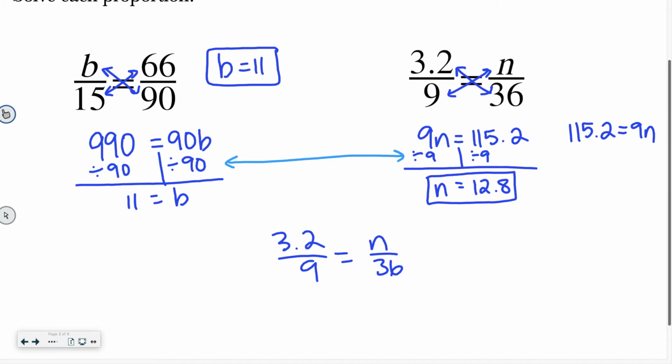If I cross multiply, I would just say 3.2 times 36, and then right away I would know I divide by whatever number is diagonal from my variable. So right in my calculator, without writing out all of those steps, I could just say 3.2 times 36, and then hit enter, and then divide by 9, and I would know that the answer is 12.8. So if you don't feel like writing out those steps and you can remember the process cross multiply and divide, you are good to go.